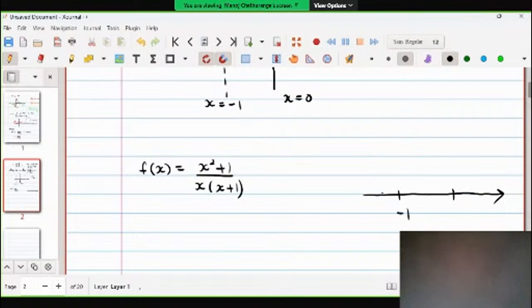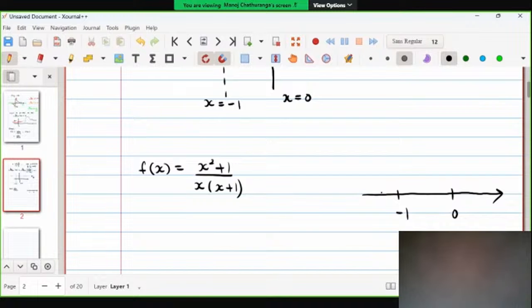So for, let's say, numbers below -1, x squared plus 1 is always positive, no matter what the x value is. For a very large negative number like -100, this term is negative, this other term is also negative. So altogether, it is a positive number.